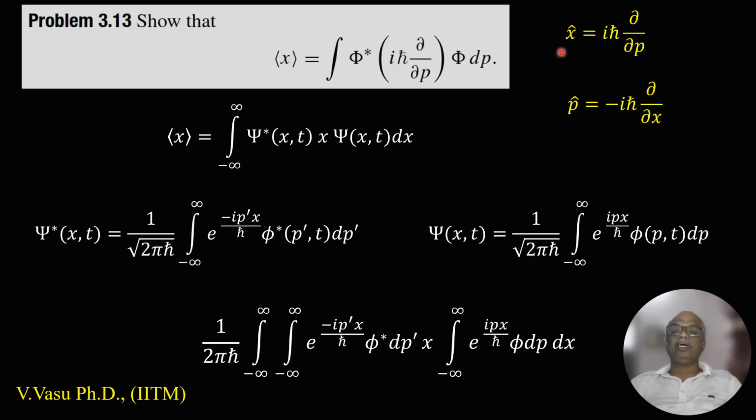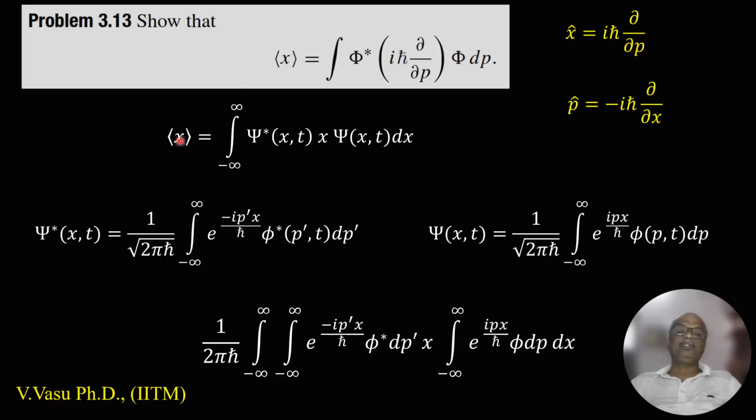We have already seen that the momentum operator is equal to −iħ ∂/∂x. That is the momentum operator in position basis. Here it is just the opposite: the position operator in momentum basis is iħ ∂/∂p. We have to prove this.